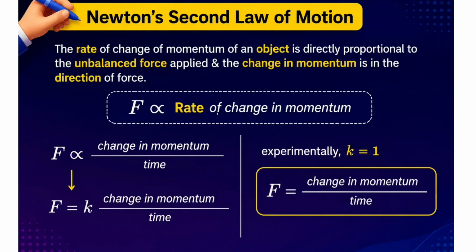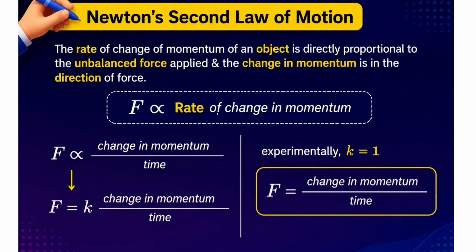If you want to change an object's momentum quickly, meaning you want to speed it up or stop it fast, you need to apply a large unbalanced force. Mathematically, we write this relation as F is proportional to rate of change in momentum. And remember, whichever direction you push or pull the object, its momentum will change in that exact same direction.